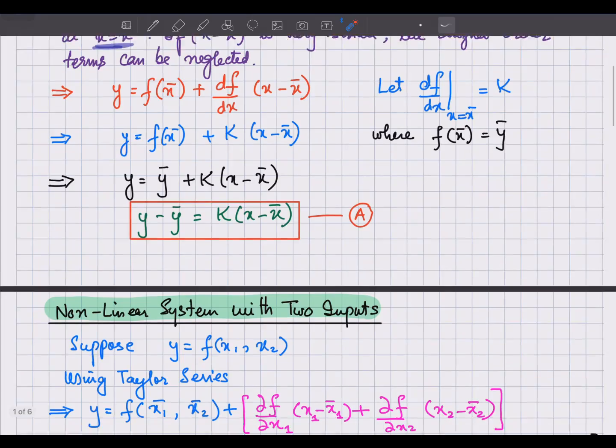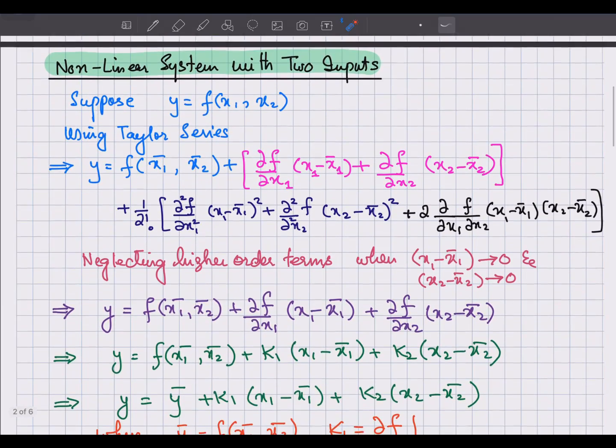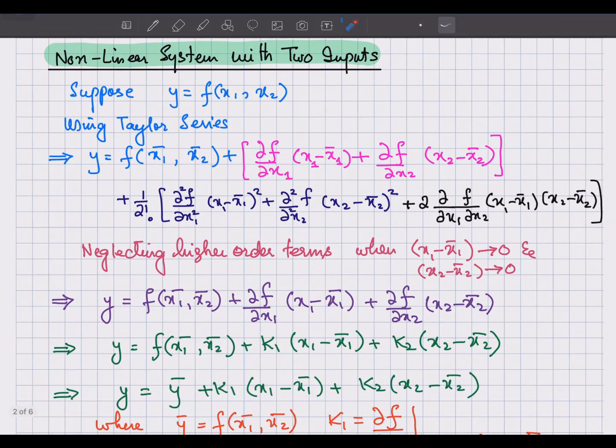Now let's consider a function which consists of two inputs, or there are two variables. So suppose y is equal to f(x1, x2). It's a function of x1 and x2. So using Taylor series I can represent this one, that y is equal to the function f(x1 bar, x2 bar). This is the function evaluated at the selected operating point, right?